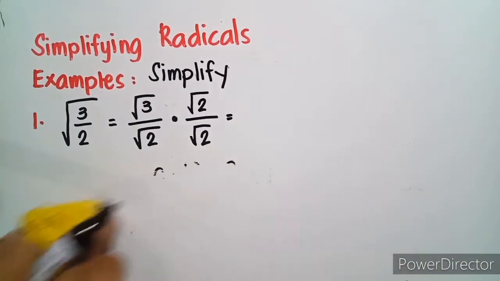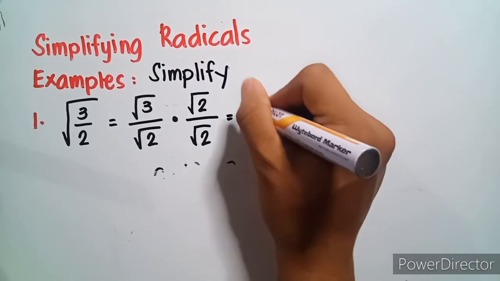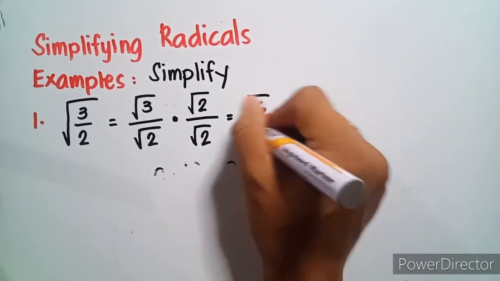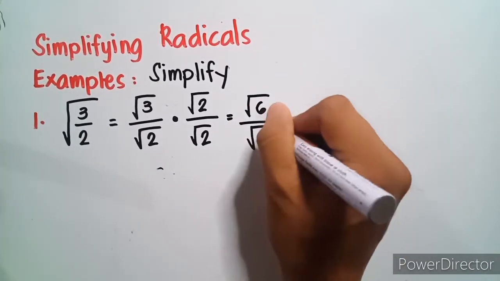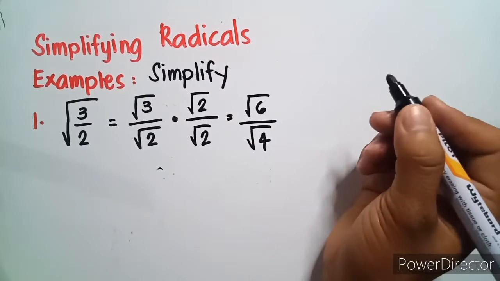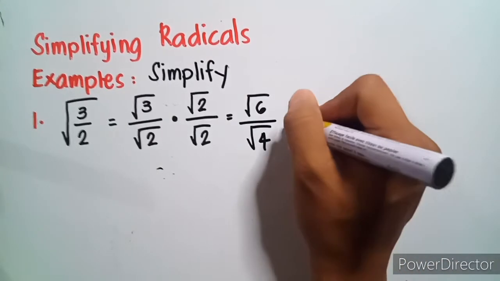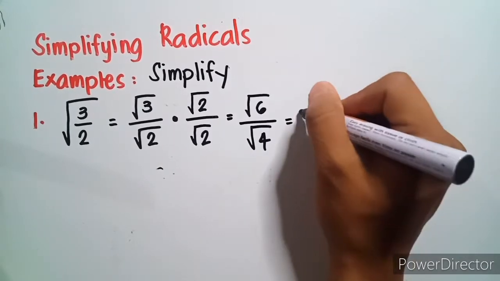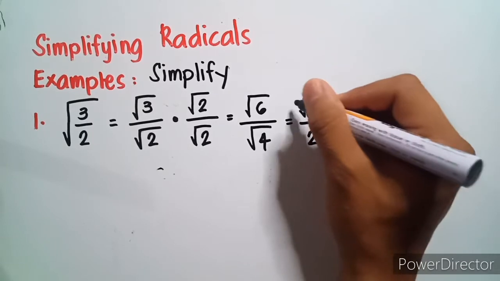Then, if we are going to multiply, we will have square root of 3 times square root of 2, this is square root of 6, all over square root of 2 times square root of 2, which is square root of 4. As we all know, 4 is a perfect square number, so may square root siya. Kaya ang sagot ay square root of 6 all over 2.